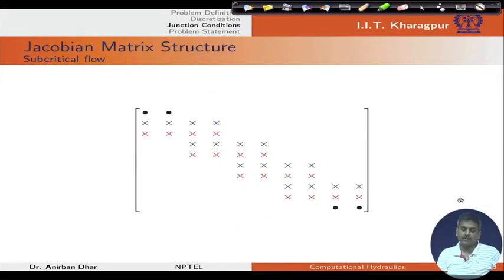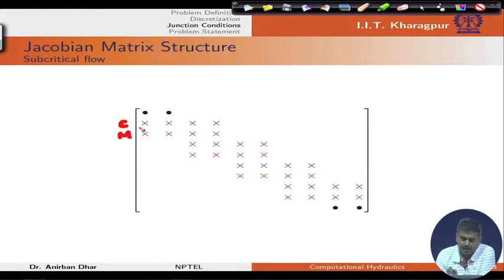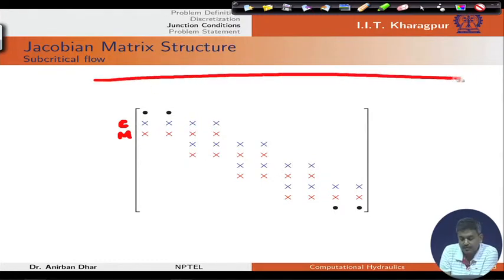What is the structure? Structure is that for this matrix we have 4 entries. This blue one is corresponding to continuity, the red one is corresponding to momentum. So, at each segment, let us say this is a channel reach.